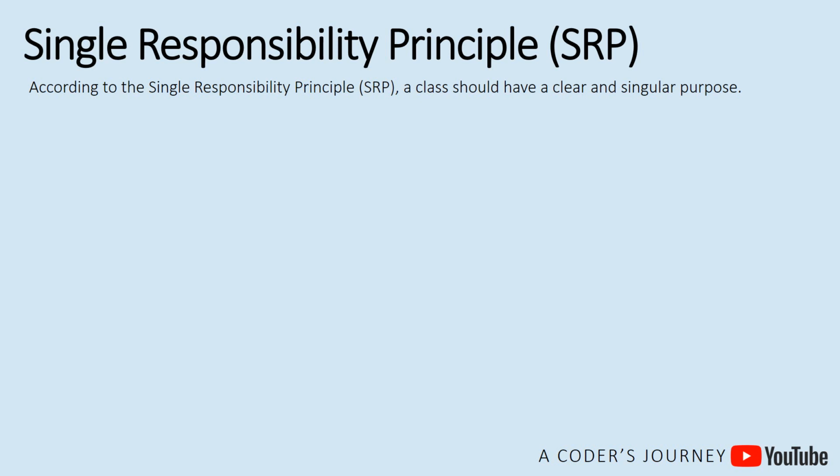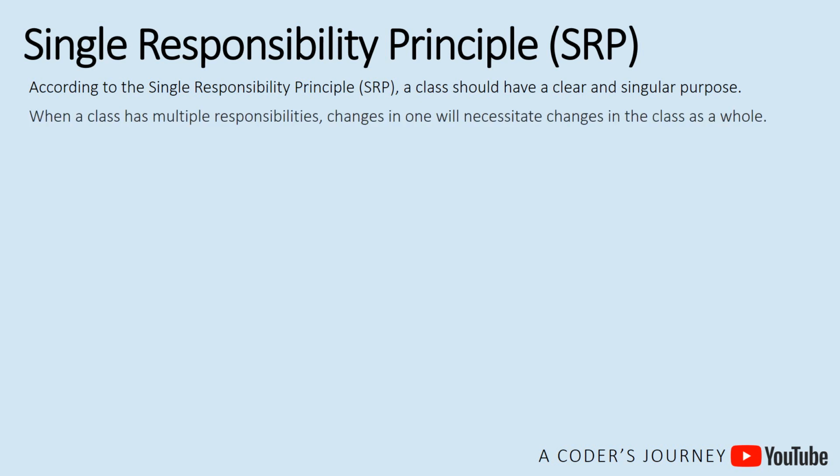But in general, if I want to give you an easy to understand definition, I would say that your classes, your methods, your modules, even the different user interfaces that you have in your application, all should have one single, well-defined purpose, right?